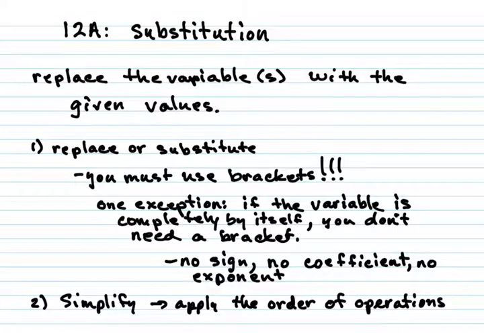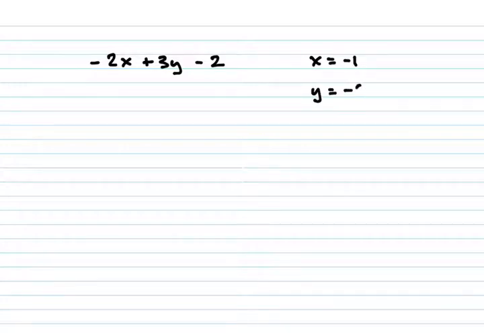All right, so let's look at a couple of examples. Say, for example, we have negative 2x plus 3y minus 2. And they tell us that x is negative 1 and y is negative 2. I'm going to be using lots of negatives here because I want to make sure that you really see what's going on. Now, we're told to evaluate this.